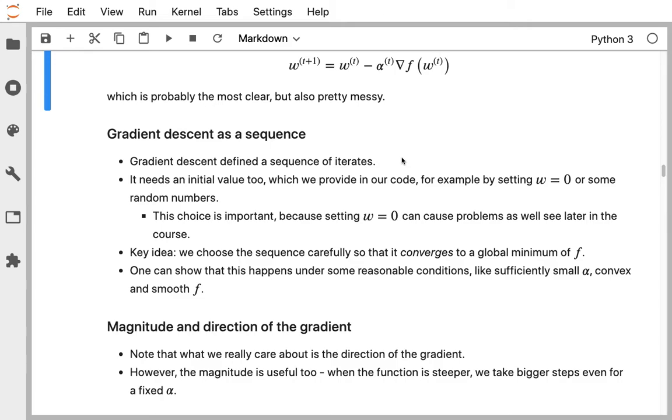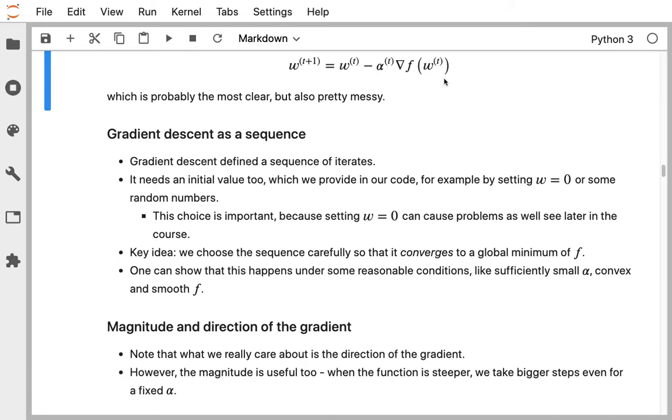And different optimization algorithms will make different use of the magnitude of the gradient, but all these gradient descent algorithms go in the direction of the negative gradient. So the direction of the gradient tells us which way to go.